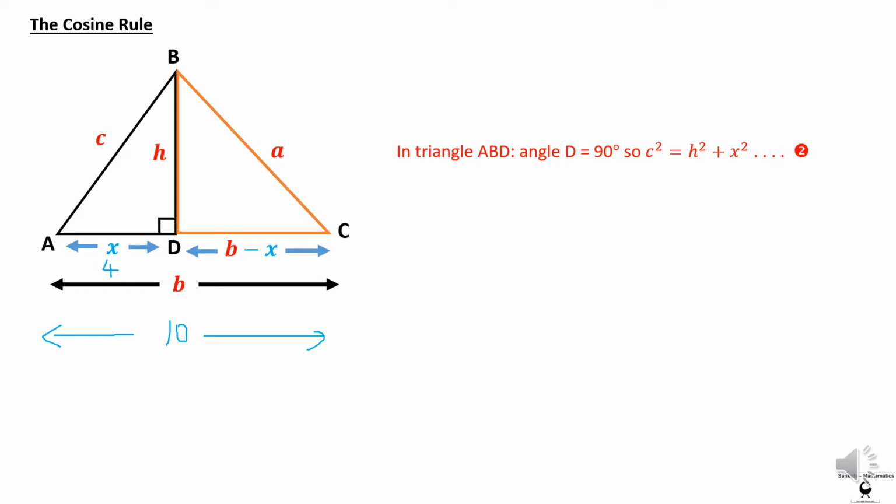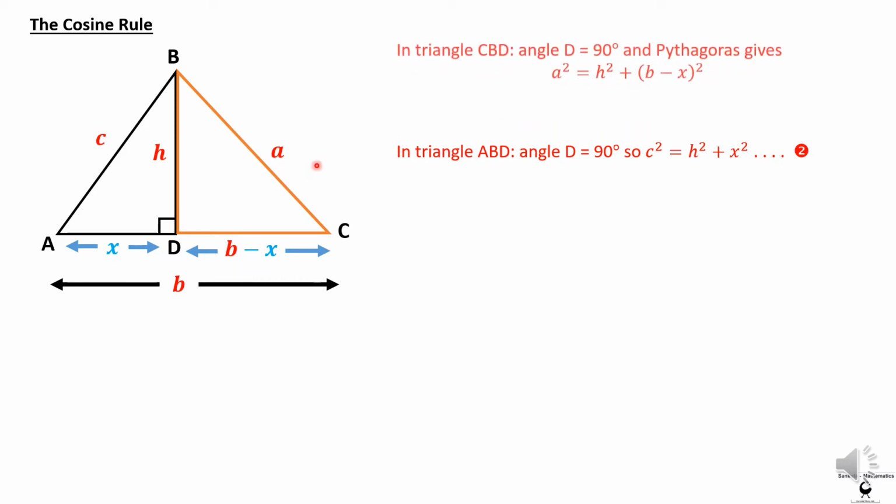Then the distance here is going to be 10 minus 4, which will give you 6. So that's all that I mean by B minus X, for me to find that particular distance. We're not actually going to use those distances.